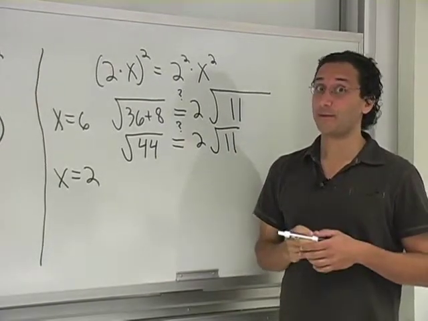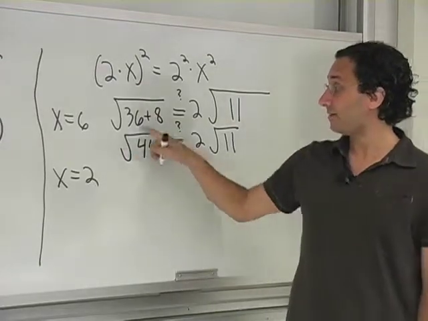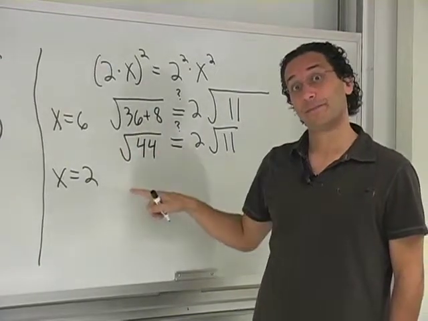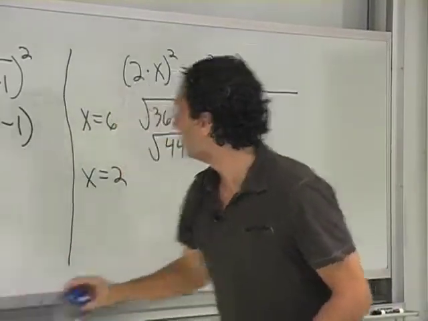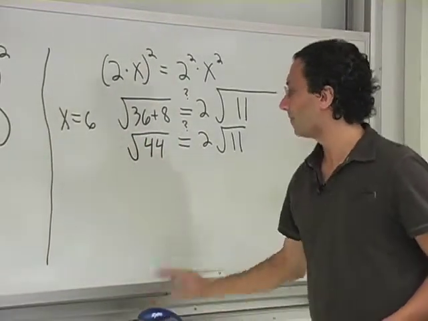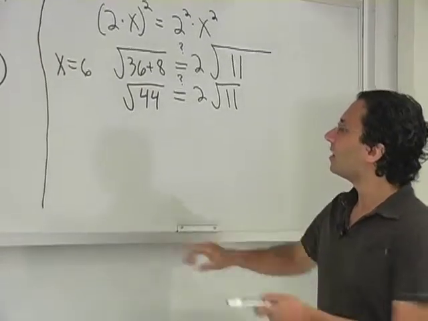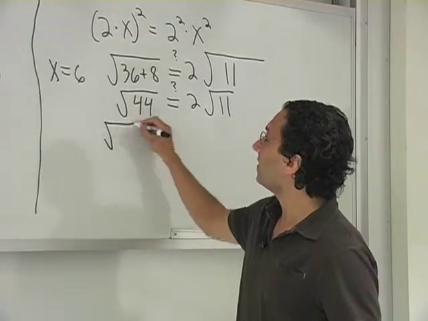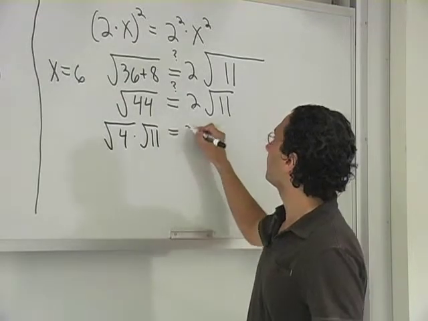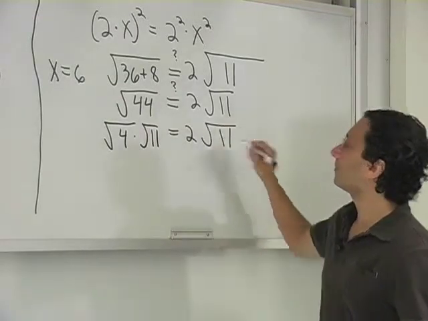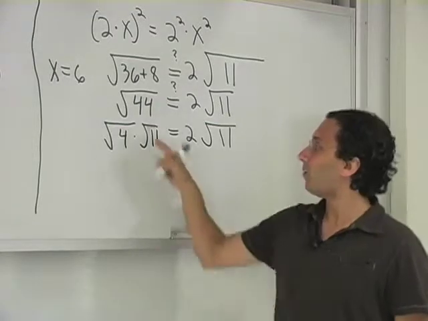Well, it doesn't look like they're equal, but this guy's got a little bit of extra fat in it. Because the square root of 44, let me erase this for now, is the same thing as the square root of 4 times the square root of 11. Why is that?